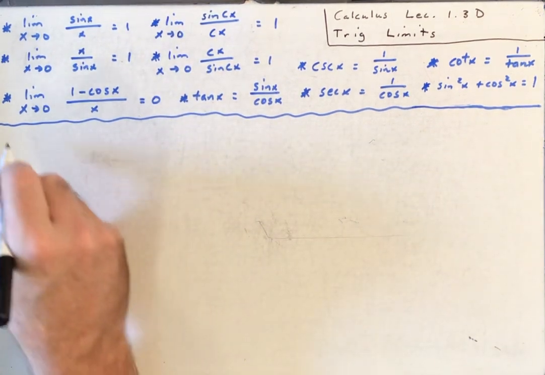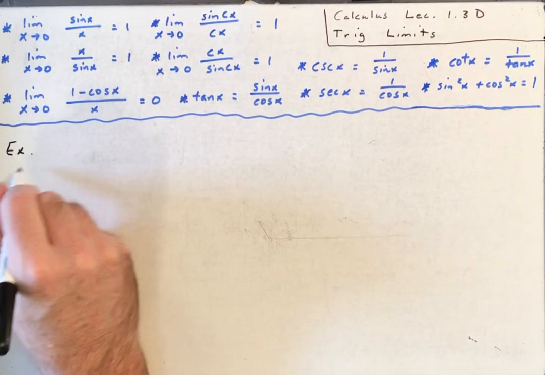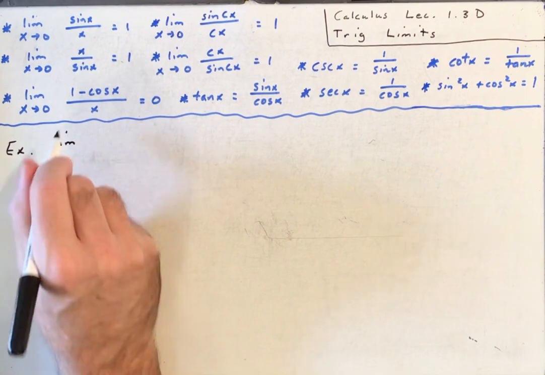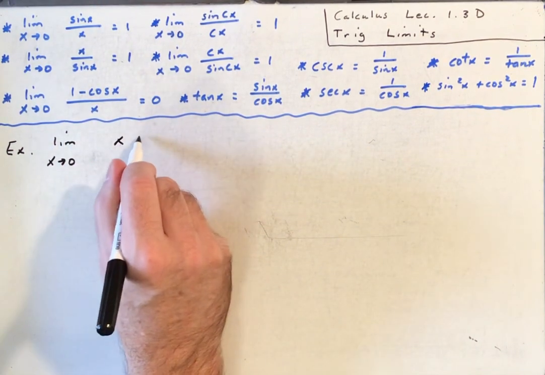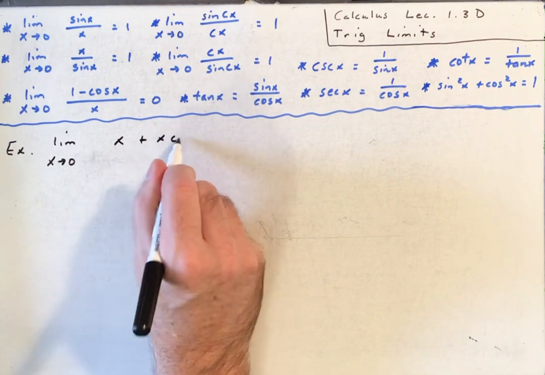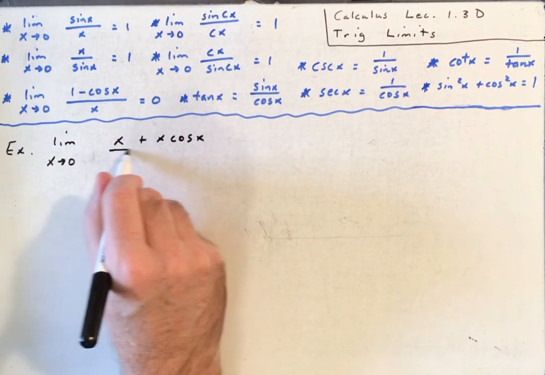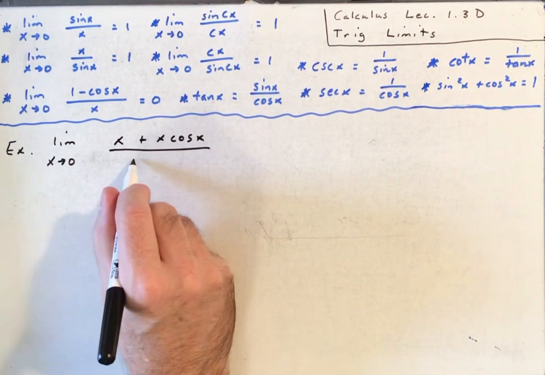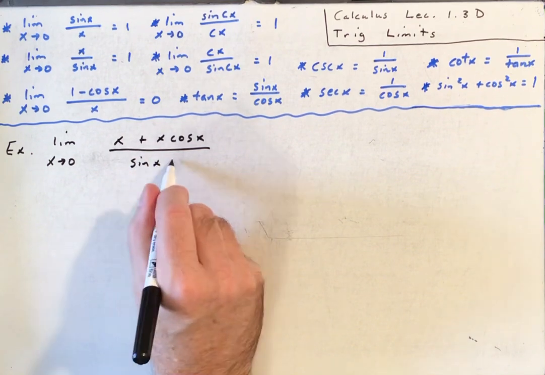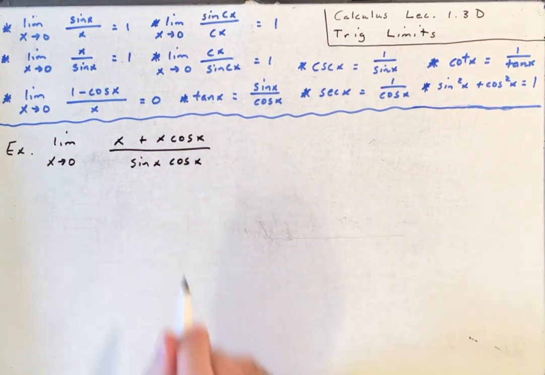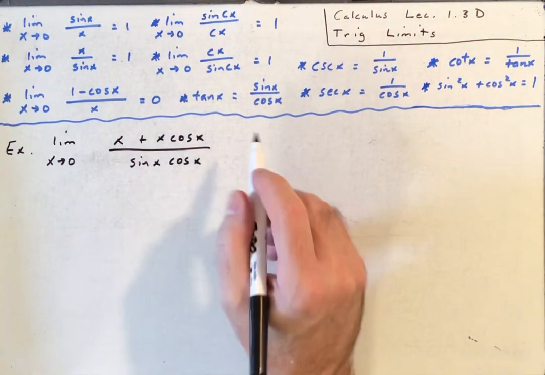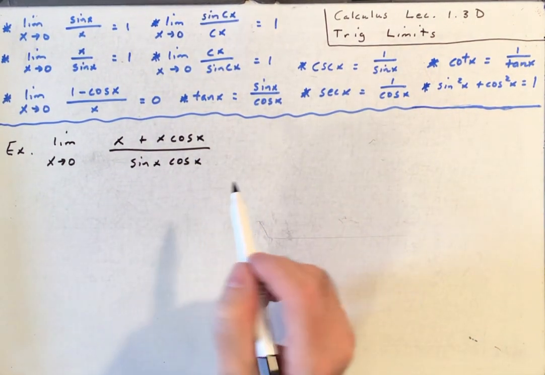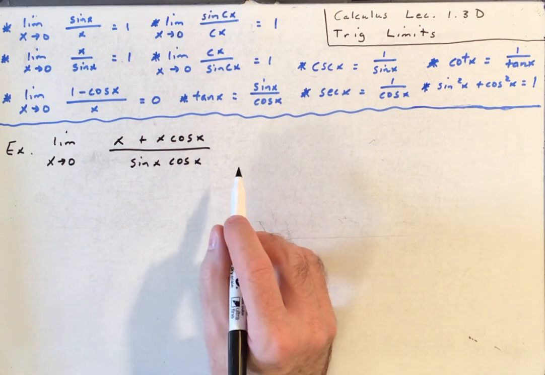All right, let's try the limit as x approaches 0 of x plus x cosine x over sine x cosine x. Now, I hope you can see, sometimes we have to use a little algebra on these things.